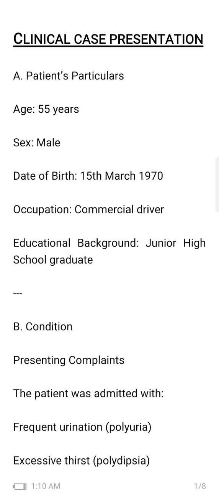The patient's particulars, meaning the first thing we have to consider is the patient's information, which can include the age, the sex, whether male or female, the occupation, whether a driver, a trader, a banker, a nurse, a midwife, a doctor, a medical technician, or any other occupation, and the educational background, whether the person is a JHS graduate, a senior high school graduate, a university graduate, or anything else, whether the person didn't even attend school.